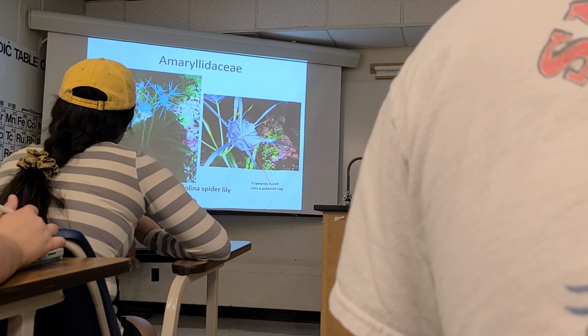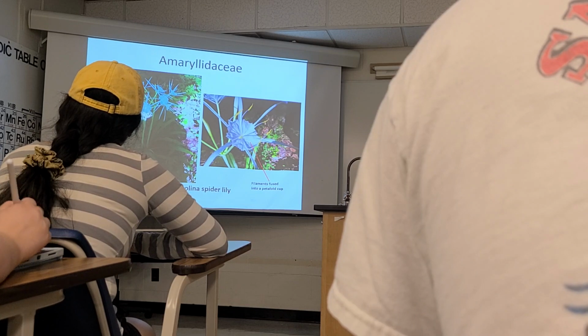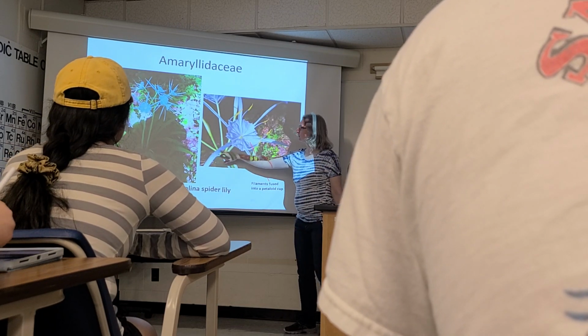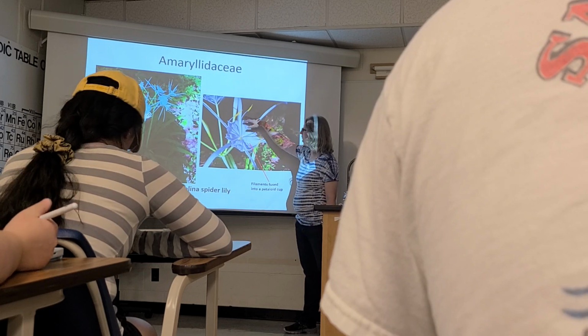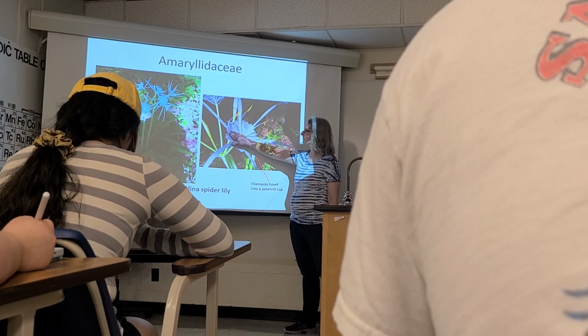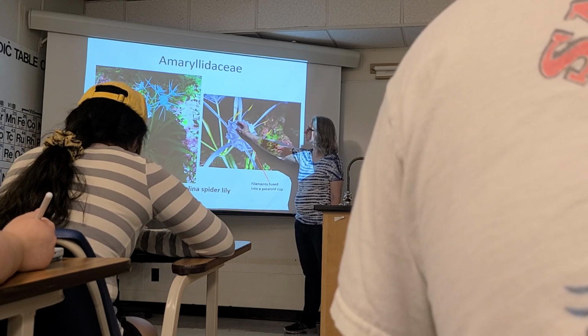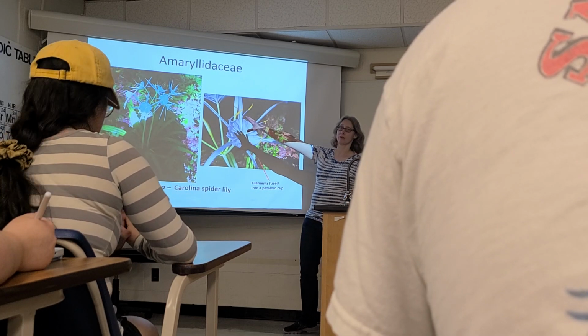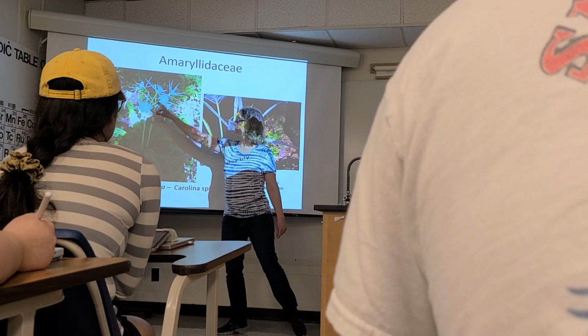And then we have our spider lily here, our Carolina spider lily, Hymenocallis caroliniana, which has these very linear looking tepals. These are the tepals right here. It's one of the ones that forms that petaloid cup because the bases of the filaments fuse together with this kind of petal tissue between them right here. Very pretty. You can see why it's called a spider lily though, because they look like little spiders on top of it.